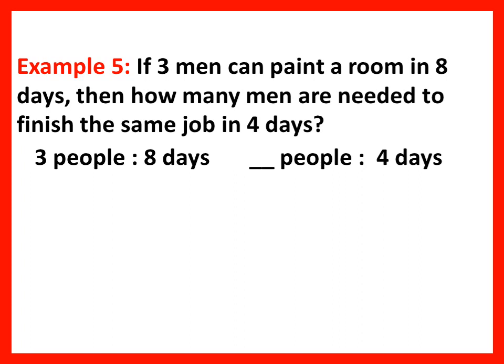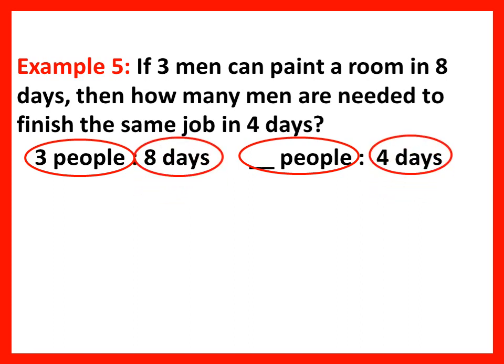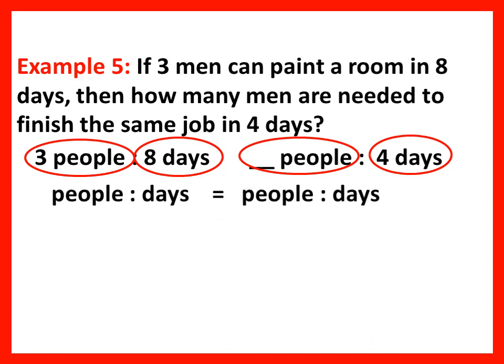So let us just look at the arrangement of our terms in the two ratios. 3 people and blank people are situated as the antecedent, and then 8 days and 4 days as our consequent. So we can write it as a proportion where we have people is to days equals number of people is to number of days.